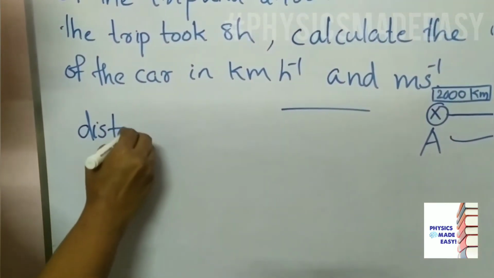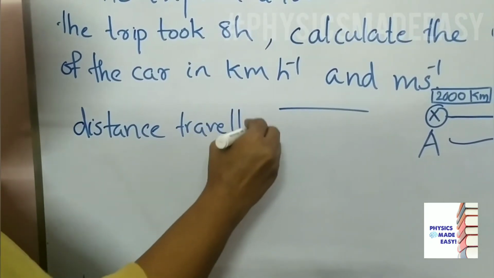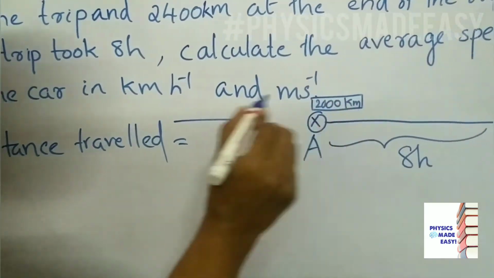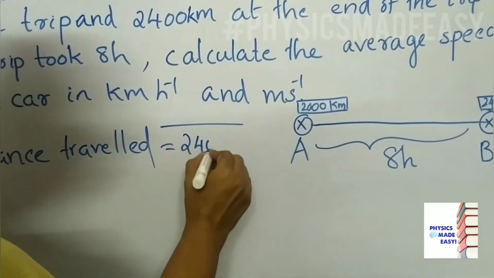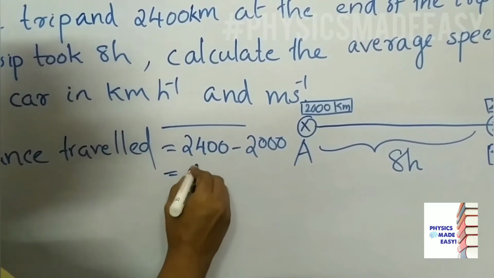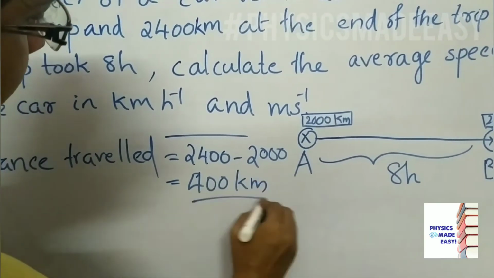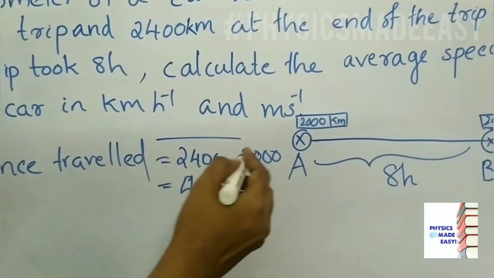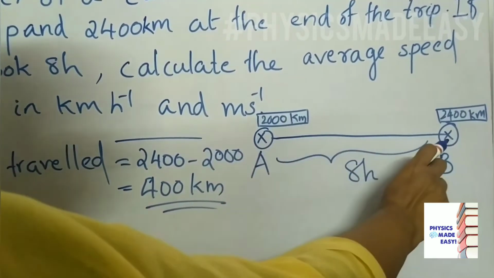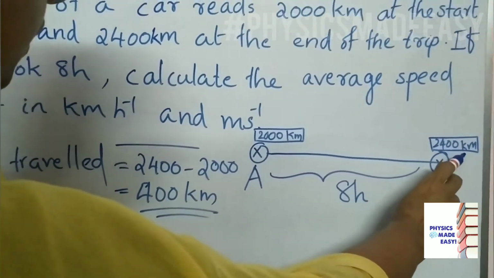Total distance traveled. Distance traveled by that car is equal to 2400 minus 2000, that is 400 kilometers. That is the distance traveled. Here you can see 2000 kilometers at A. At the end of the trip, the odometer shows 2400 kilometers.